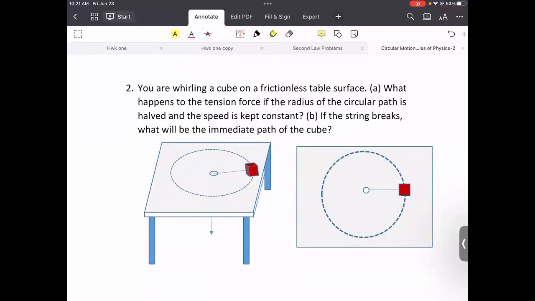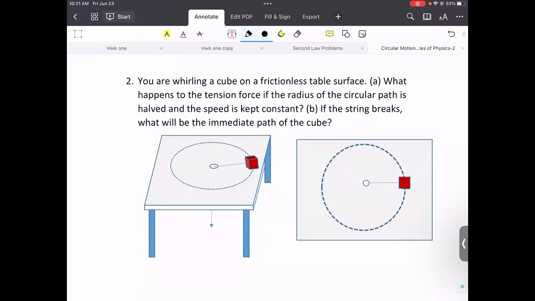Assuming you're swinging, maybe initially the direction is this one, and then it breaks. What will be the direction? Will the cube go this way, or downwards, or this way? So you have so many options.